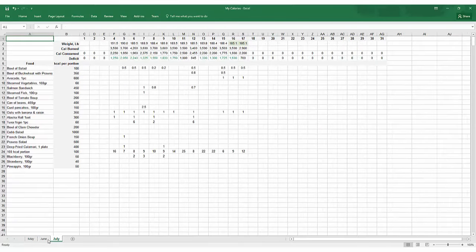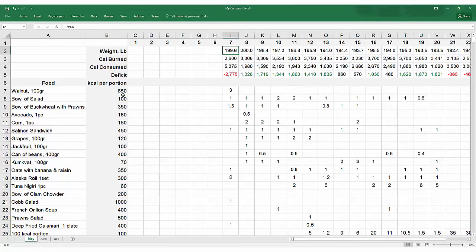Then I have June, July, etc. So for May, I have these numbers here, and those are days in the month. So this is May 1, May 2, May 3, 4, 5, etc. And I started calculating calories on May 7th, and then I was doing that to the end of the month.